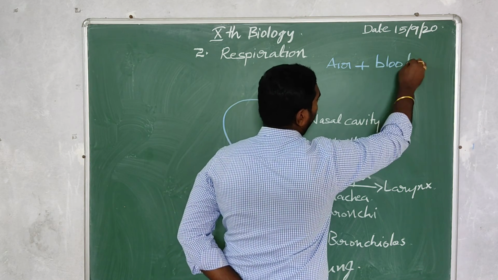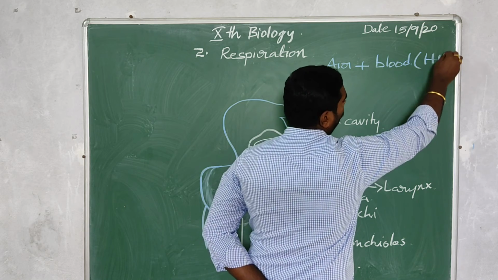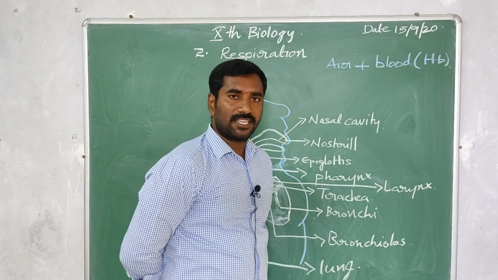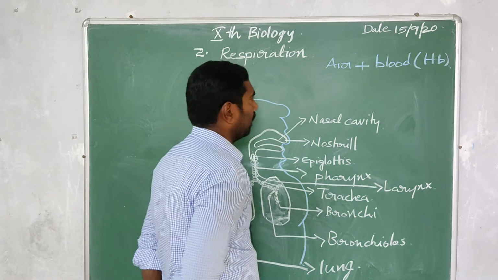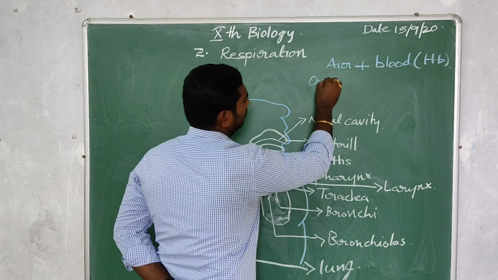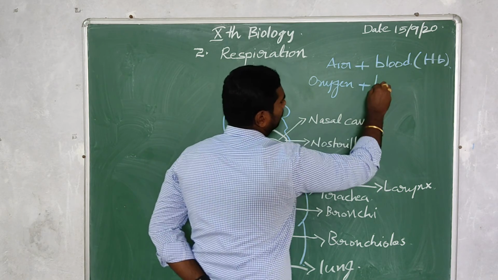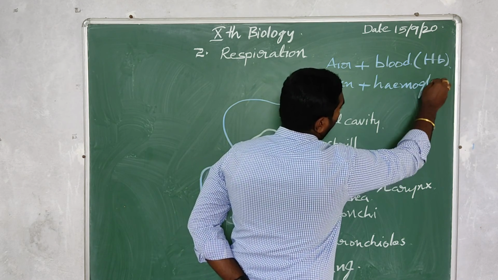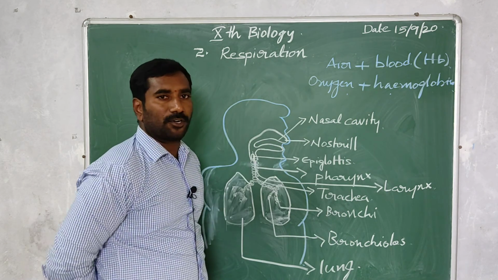Blood contains Hb, hemoglobin. Air plus blood: air here means oxygen, and blood means hemoglobin. Oxygen plus hemoglobin.